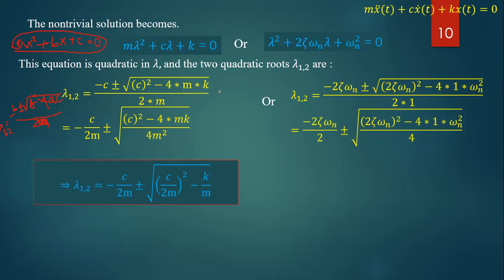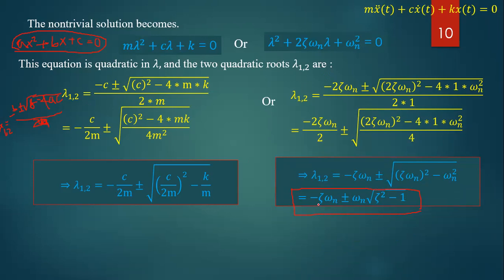So these are the two solutions. Especially this one is the solution for lambda 1,2. So lambda 1,2 is equal to minus zeta omega n plus or minus omega n radical of zeta squared minus 1.